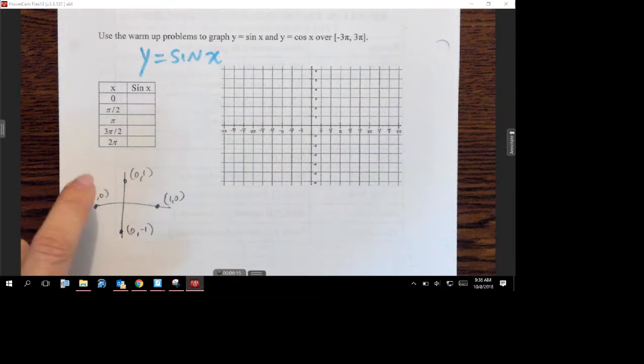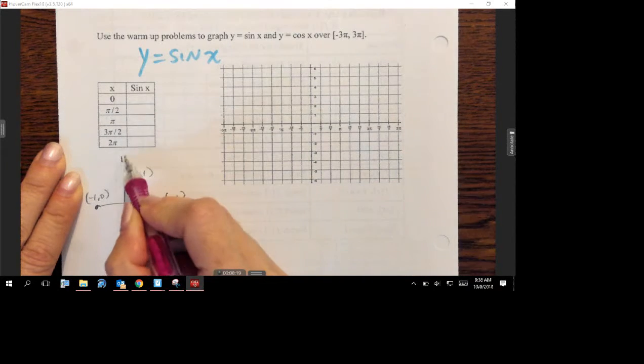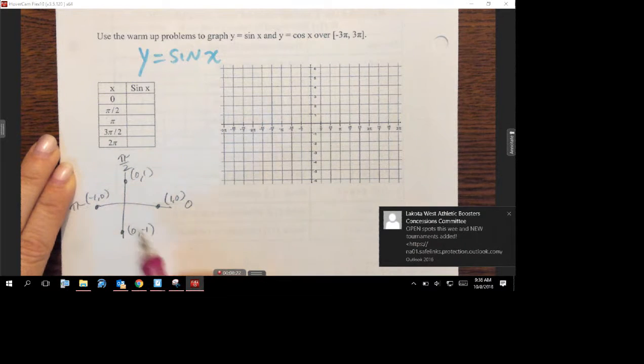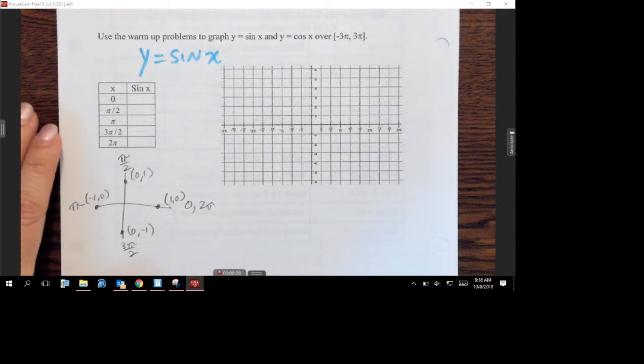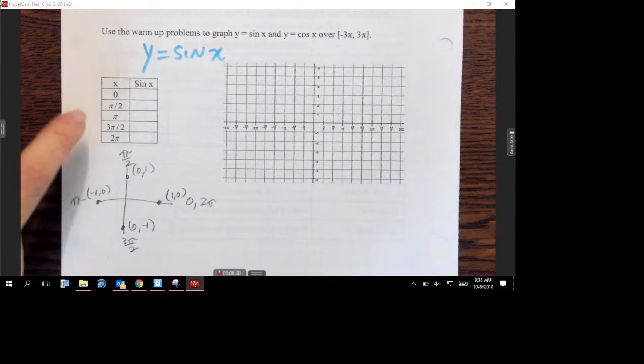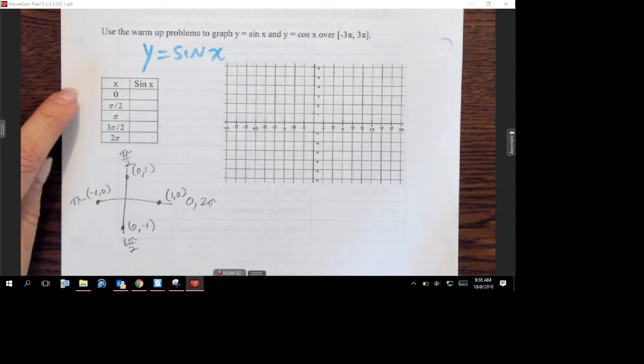We're using the ones that are actually on the axes. 0, pi over 2, pi, 3 pi over 2, and then 2 pi again. So it actually makes one complete circle. So this here is one cycle, or one period of the graph.